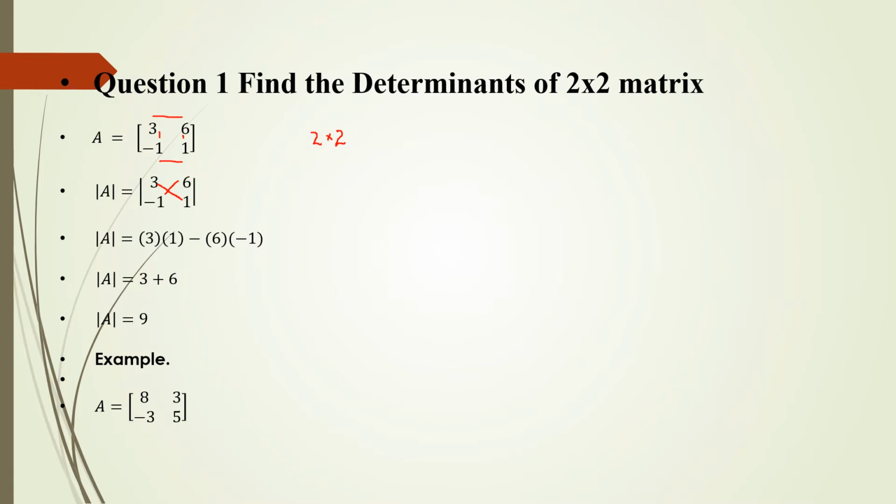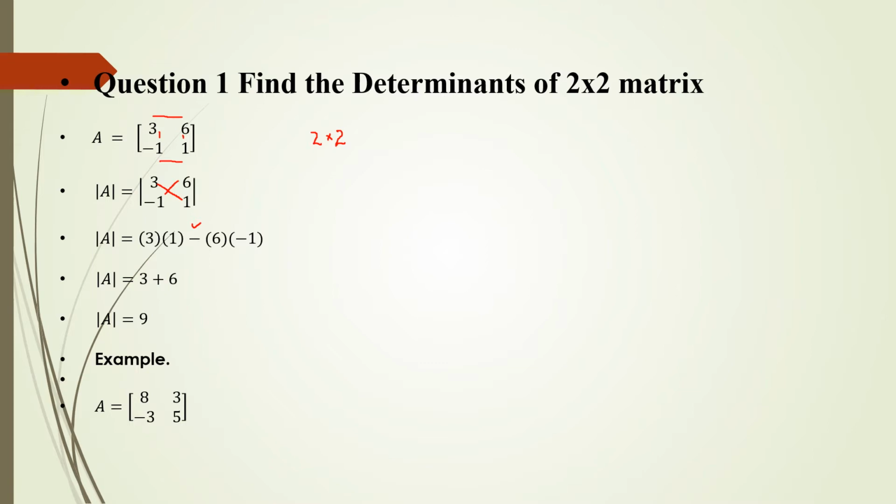But keep one thing in your mind, that between this cross multiplication we have to put a minus sign. So here we have 3 multiplied by 1, which is 3, and 6 multiplied by -1, so the answer is +6.